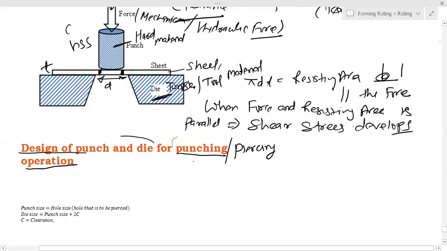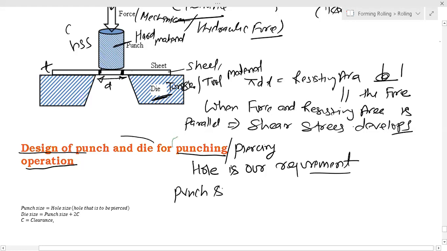So here hole is our requirement. So here punch size, means diameter, will be equal to hole size.